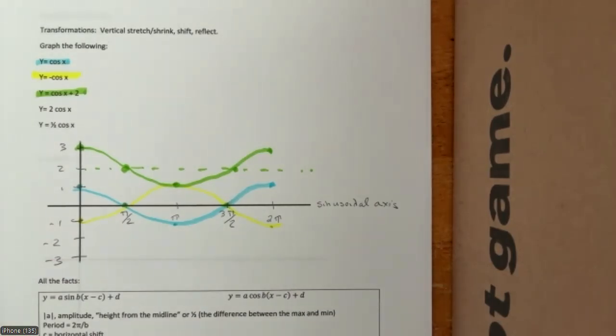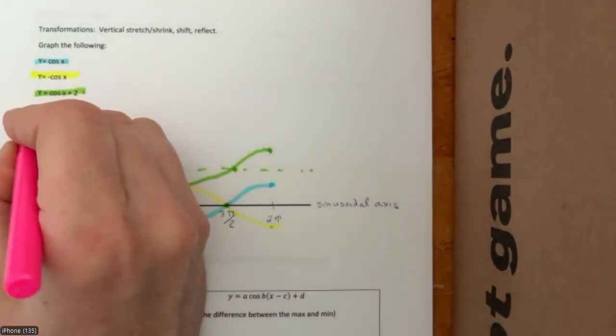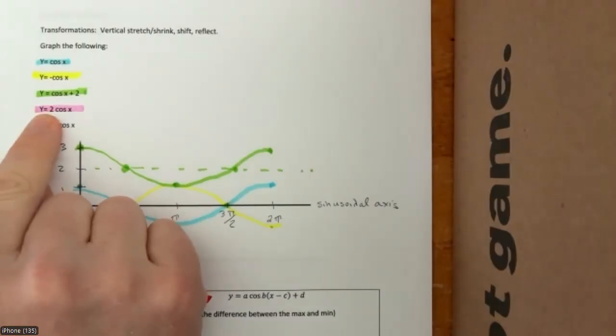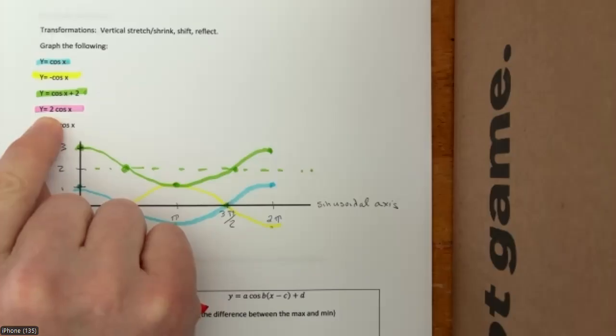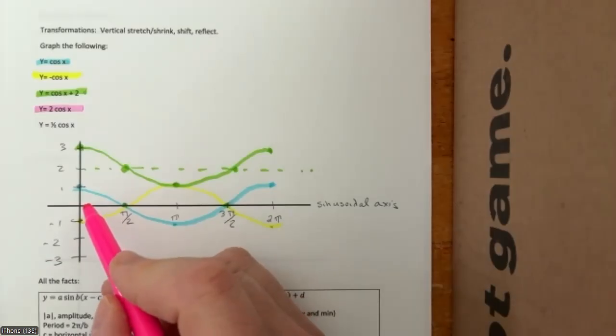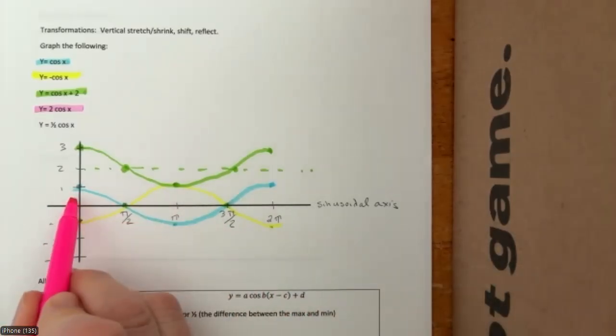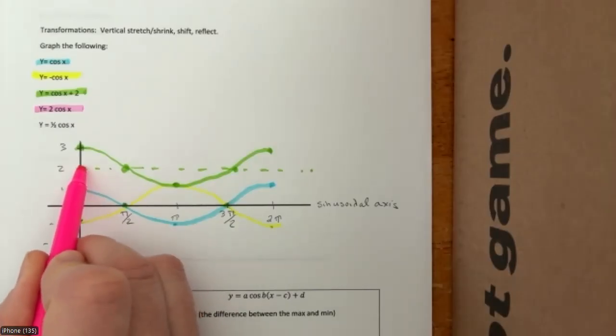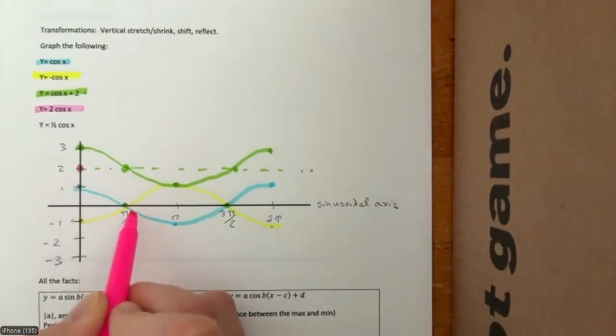Now let's look at this one. We have a coefficient of 2 multiplied on y on the whole thing, so that's a vertical stretch. The whole thing gets taller by a factor of 2. So we multiply all the y's by 2. Looking at my blue, all my y's get multiplied by 2. So the peak is going to be at 2.